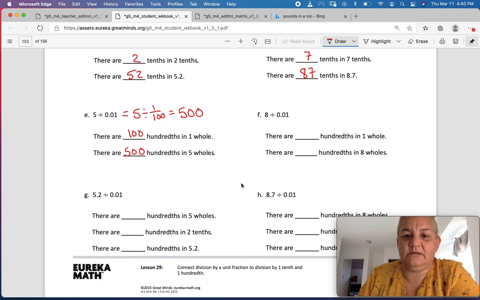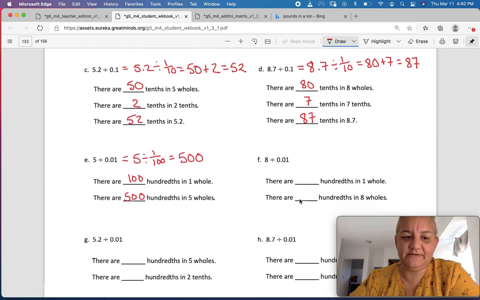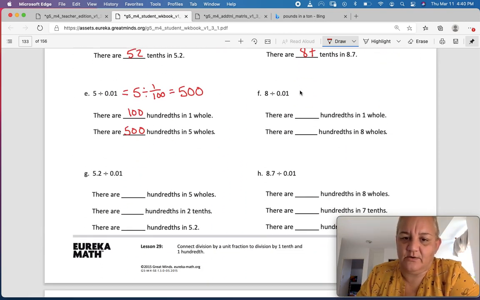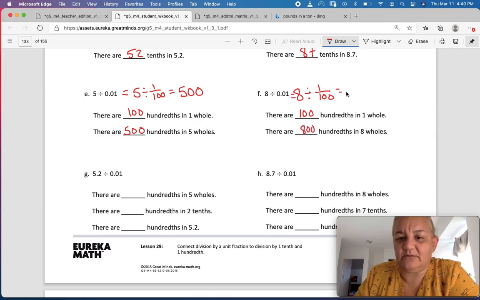Okay. Now these are all hundredths. Can you see they're following a pattern here? They're starting out simple and then they're getting a little bit more complicated. Okay, so 8 divided by 1/100th equals, okay. So there are 100 hundredths in 1 whole, which would make 800 hundredths in 8 wholes.